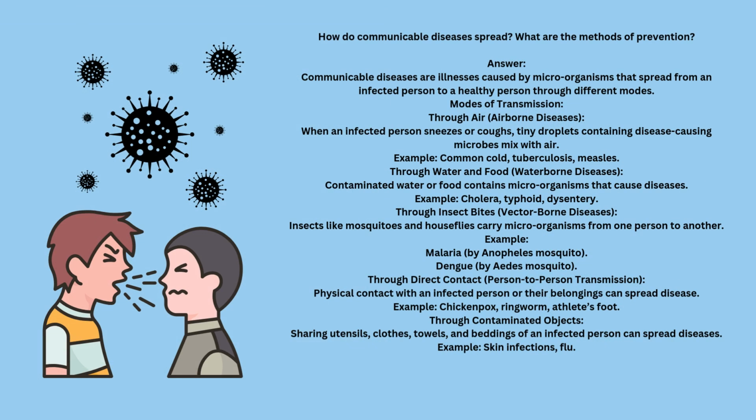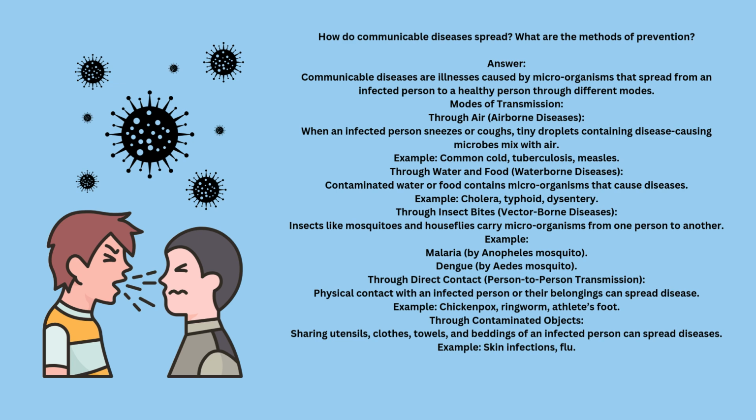Next are communicable diseases. Communicable diseases are those diseases which are caused by the action of microorganisms, and they can spread from an infected person to a healthy person through various modes. That can be air, water or other modes. When we talk about air, common cold, tuberculosis and measles are quite familiar.